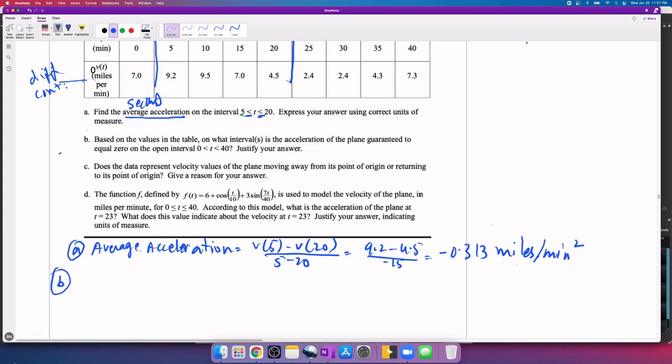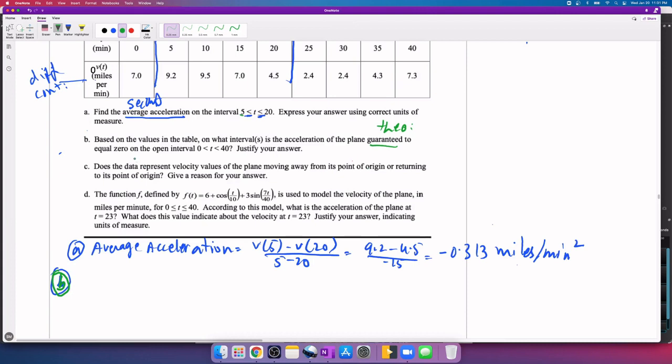Let's do part B. Since this is average acceleration, in the formula I have to have a one lower than acceleration, so I have to have a v. Based on the values in the table, on what interval is the acceleration of the plane guaranteed to equal 0? When I see the word guaranteed, it means one of the theorems we are talking about.